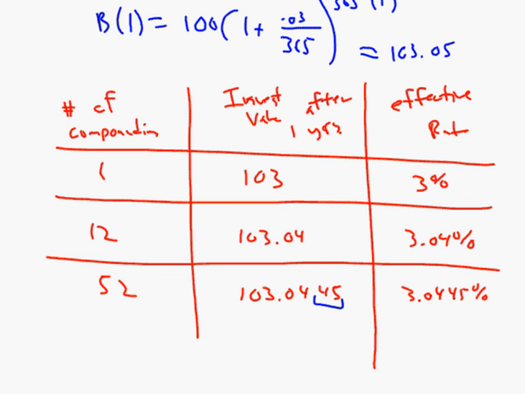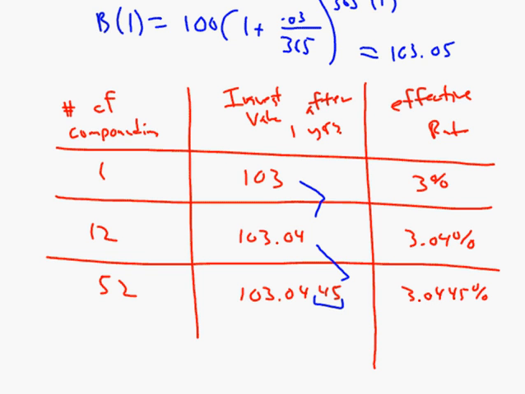So something interesting to compare is, why don't you look at the difference in growth between these 2 compounding strategies versus those two compounding strategies. And what do you notice? It's not as big a jump to go from monthly to weekly as it was to go from annually to monthly. Right?